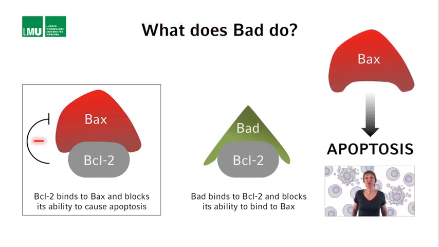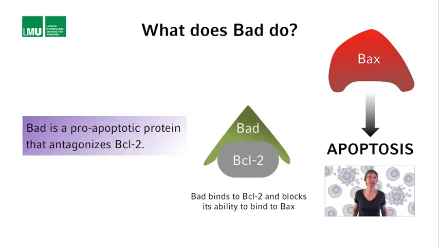So when BCL2 binds to BAD, it no longer can interact with Bax, and Bax becomes free to induce apoptosis. BAD is therefore also a pro-apoptotic protein, since it can antagonize the anti-apoptotic BCL2 protein and therefore activate the pro-apoptotic Bax.